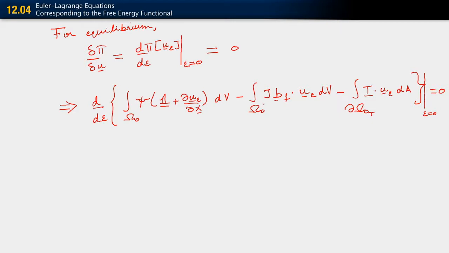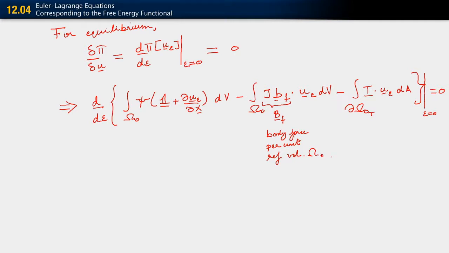Now, one more thing: for J times BF, we have another symbol that we used, capital B sub F, which is the body force per unit reference volume, omega naught.